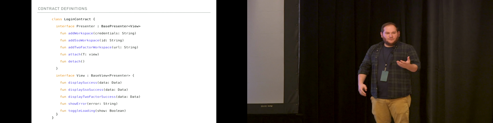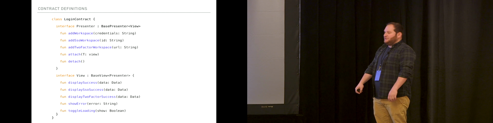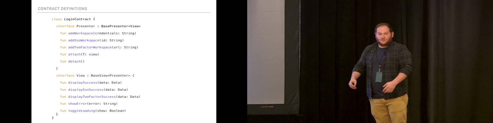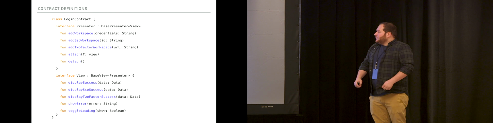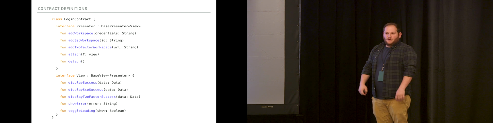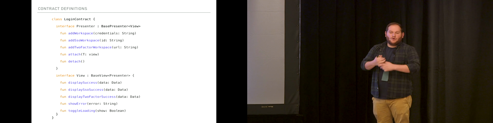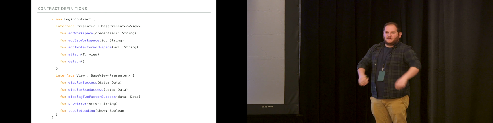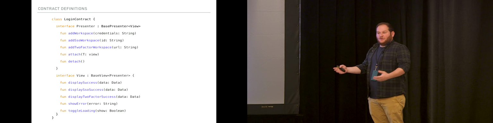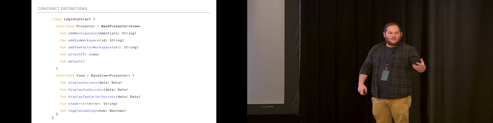Especially with login, we have a lot of different code paths. You can log in with standard auth, you can log in with SSO, you can log in with two-factor. And then each one has its own success, right? Because we sometimes need to open up Slack to different parts of the app depending on where you're coming from. If you're coming from SSO, there's a good chance that we're opening up enterprise grid onboarding.